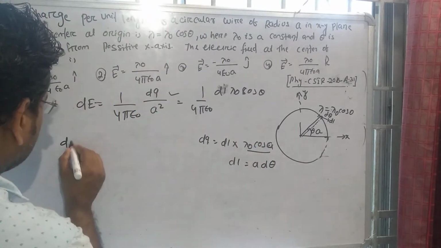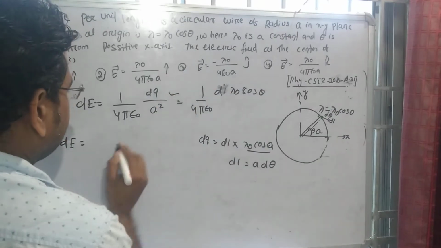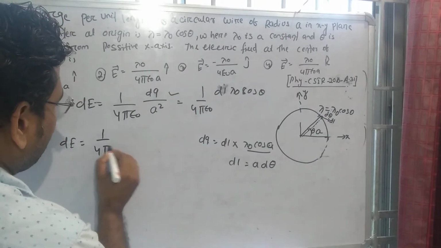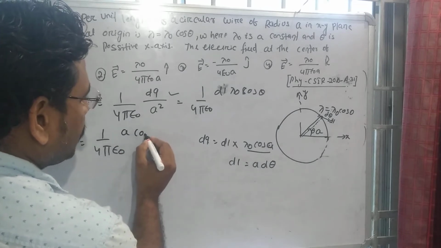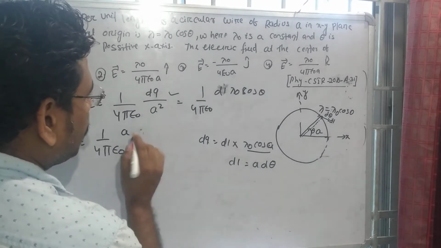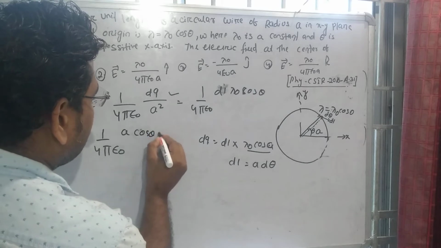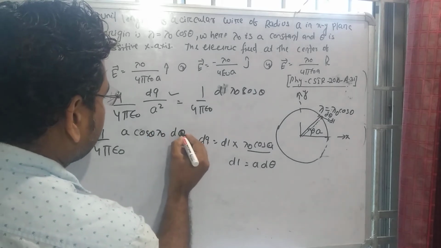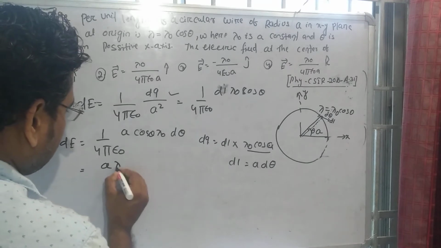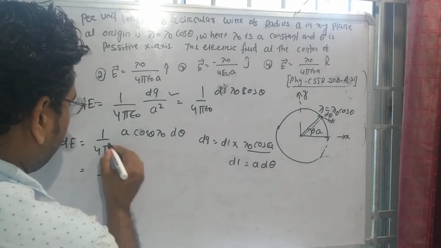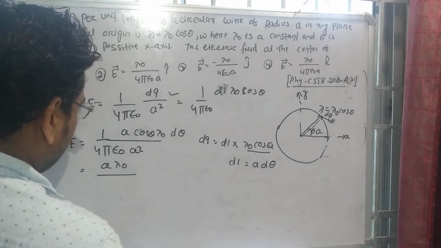So now the expression for dE becomes 1 by 4 pi epsilon 0, a times cos theta into lambda 0 into d theta, divided by a square.